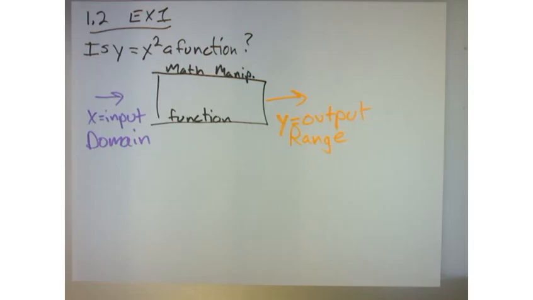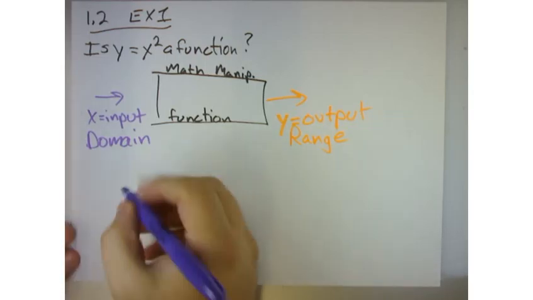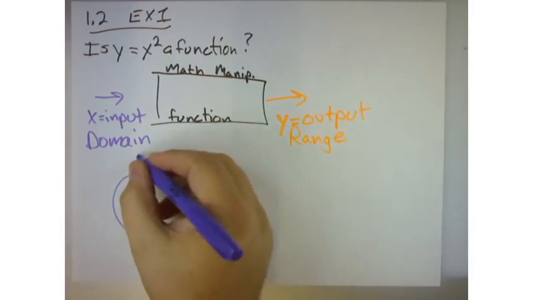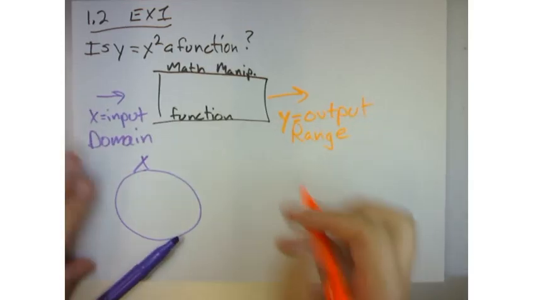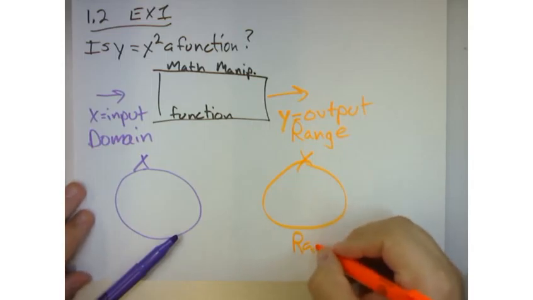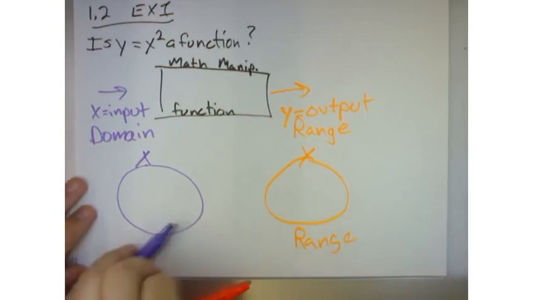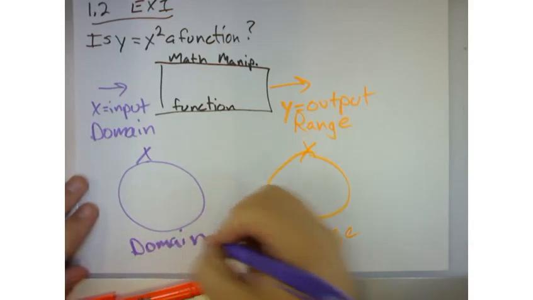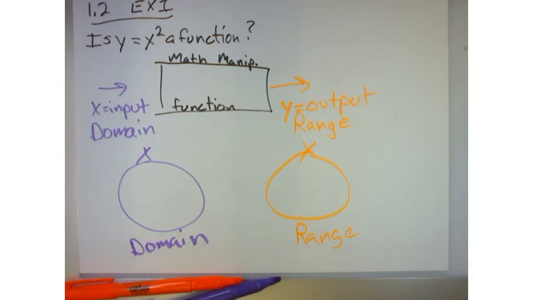And so what this looks like is that I have all my possible x values, and then I have all my possible y values based on this mathematical relationship, and we call this the range, and we call this the domain. Now the only two restrictions on the domain are that we cannot take the square root of a negative number, and we cannot have 0 as a denominator in a ratio.